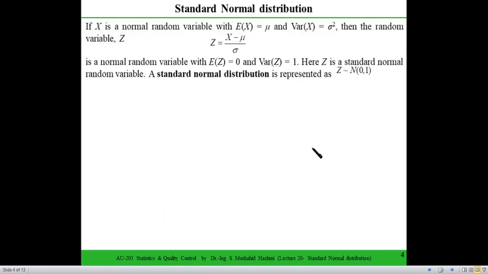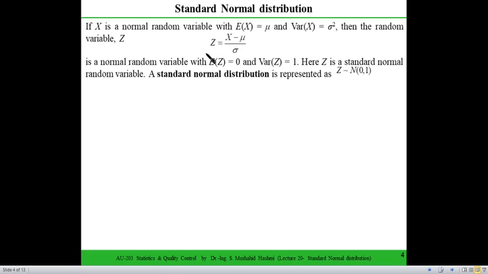Let's say x is a normal random variable with mean mu and variance sigma square. What we do is standardize by transforming the random variable from x into another random variable named z.